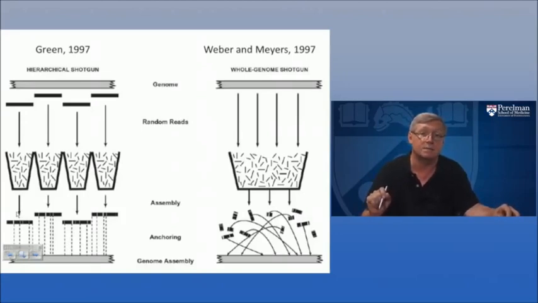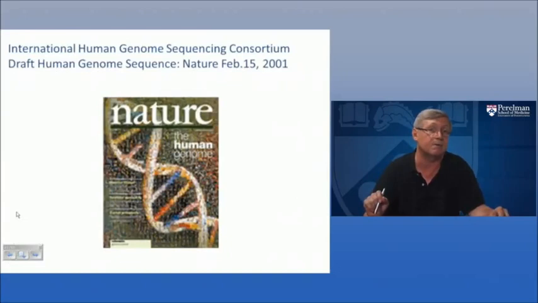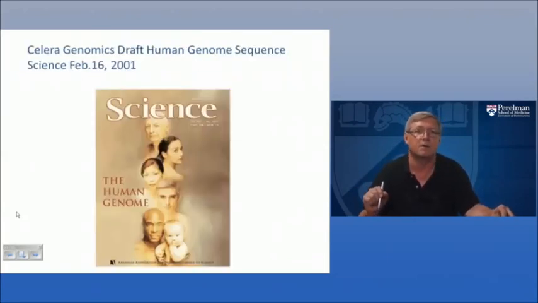And these two concepts led to two competing papers that came out with initial draft sequences of the human genome in 2001. The first from the International Human Genome Sequencing Consortium, the public sequencing group, and the second from Celera Genomics.